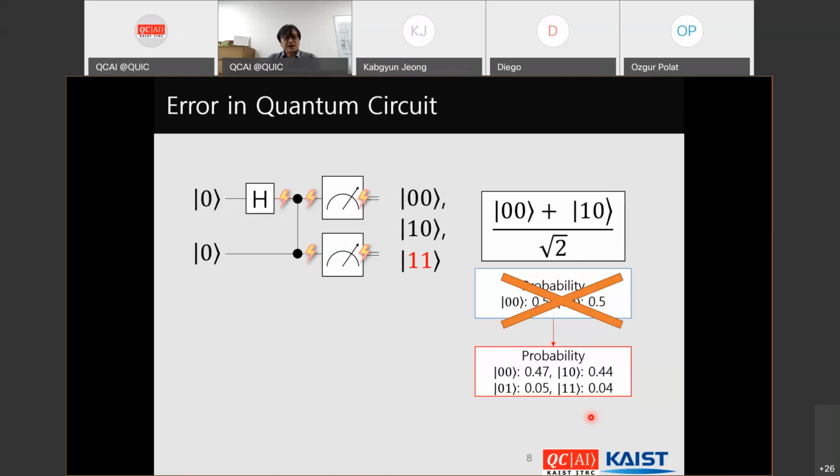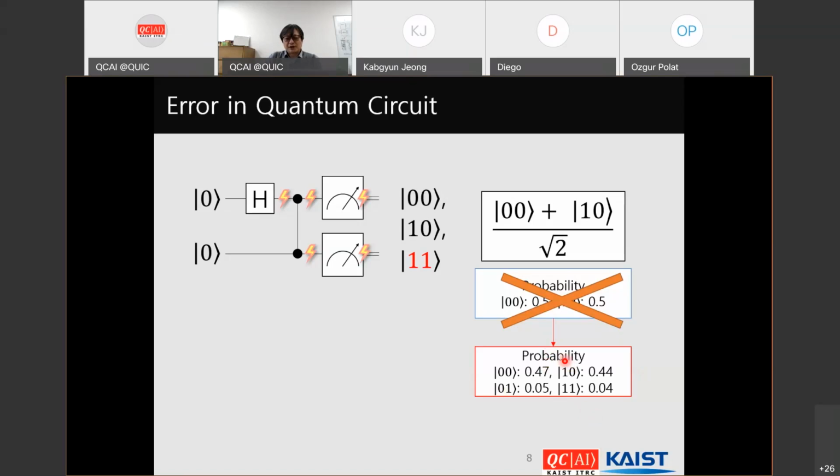The Qiskit error mitigation API provides the reduction of the errors. However, the gate error is not handled in the Qiskit error model.